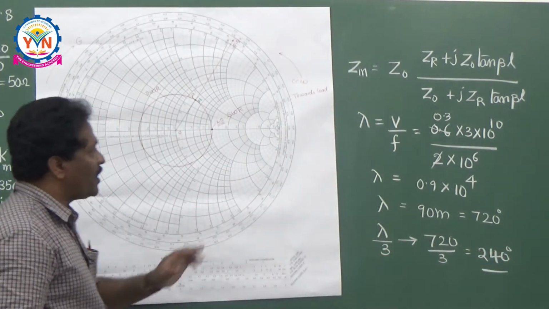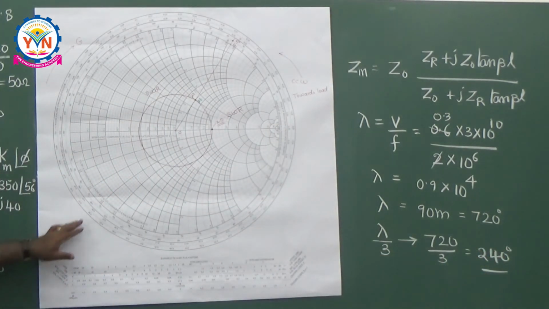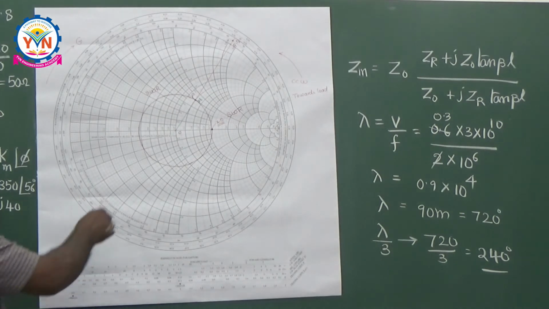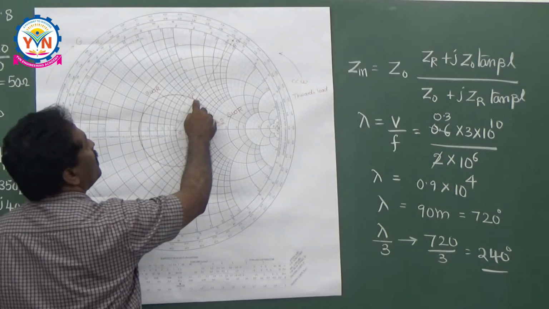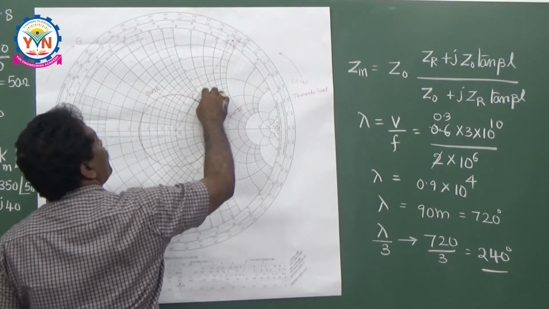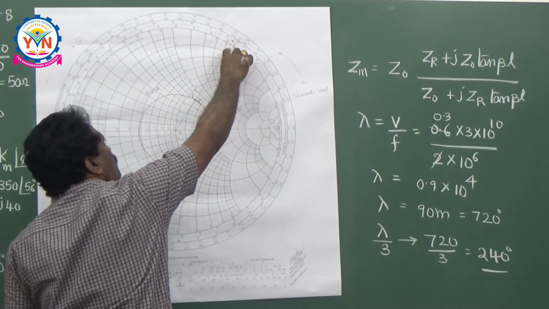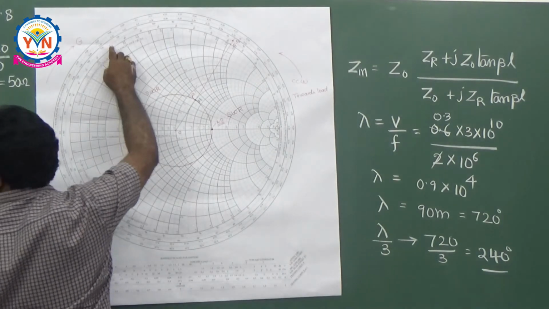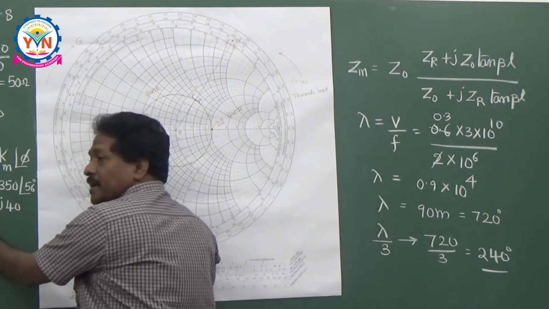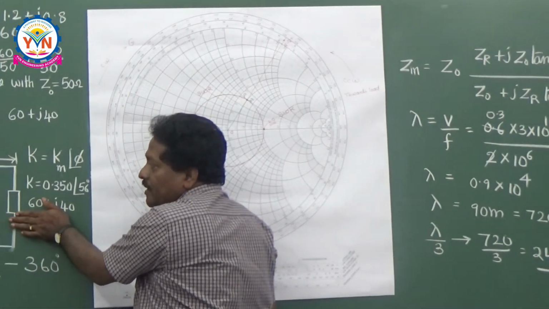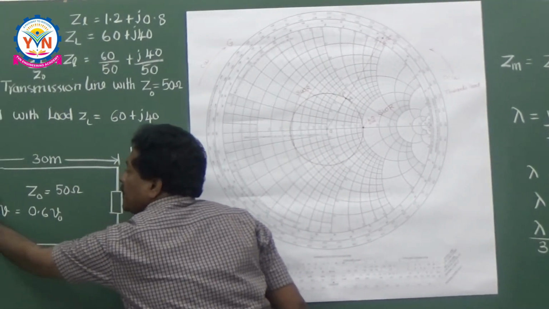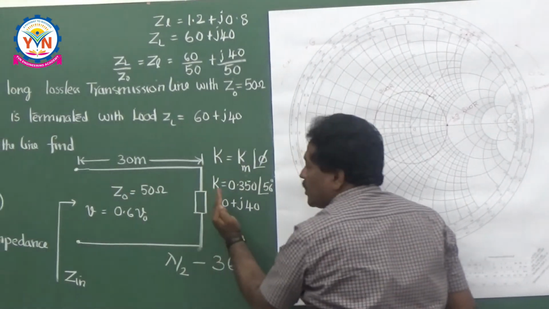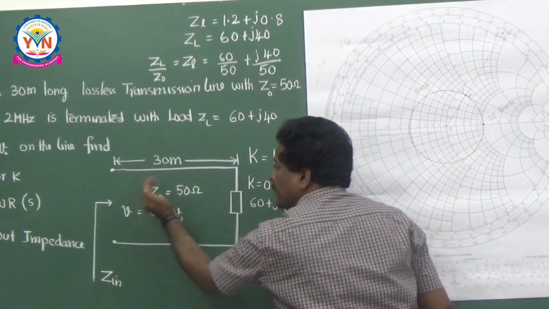So what is this 240 here? Now if you take here, this is OP and this is the line here. From this point you have to move towards the generator. Towards the generator means clockwise direction, because I want the input impedance here. Whenever you are calculating the input impedance of the transmission line, you have to move from the output to the input side.